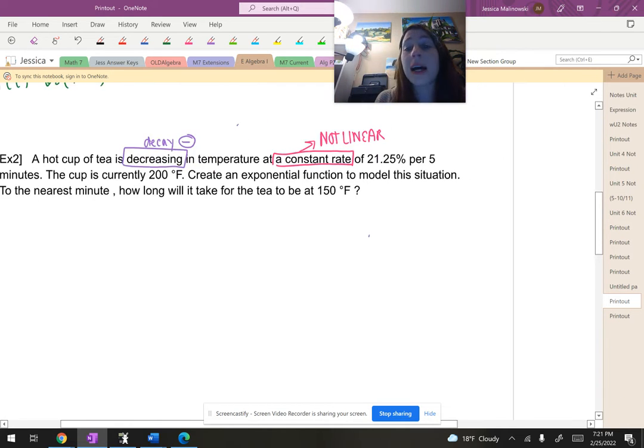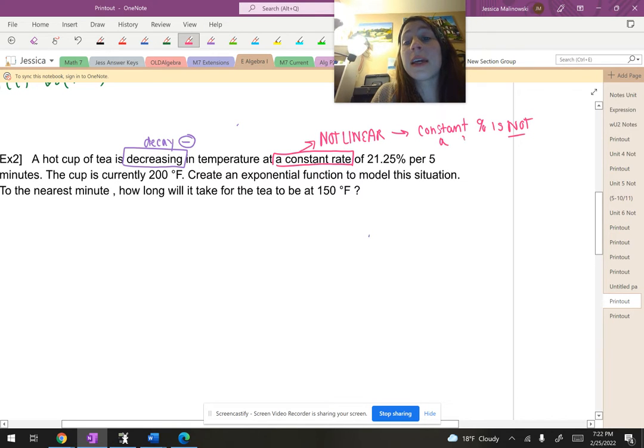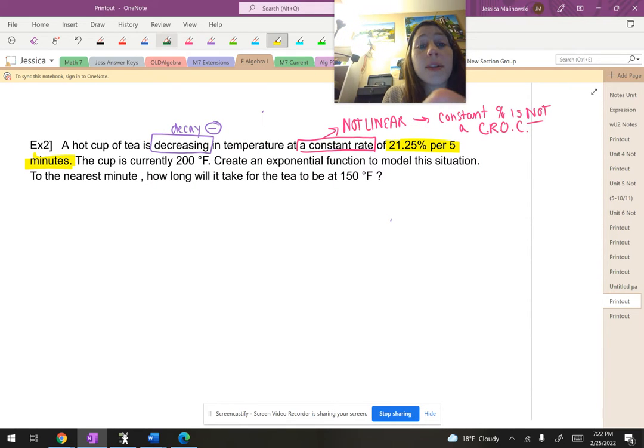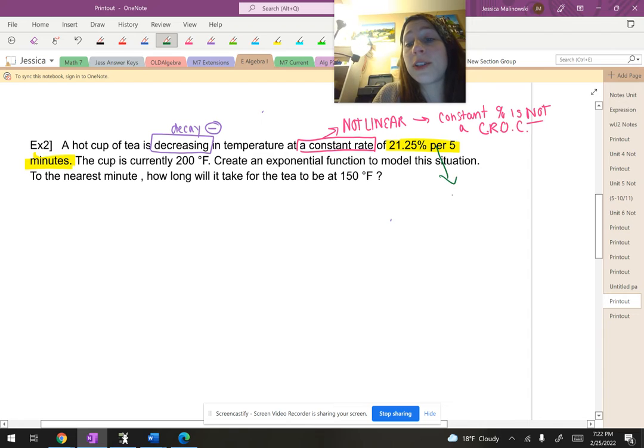A constant percent is not a constant rate of change. So we need to take that percentage and turn it into a unit rate.